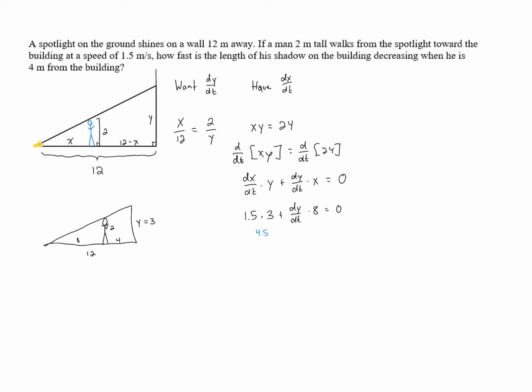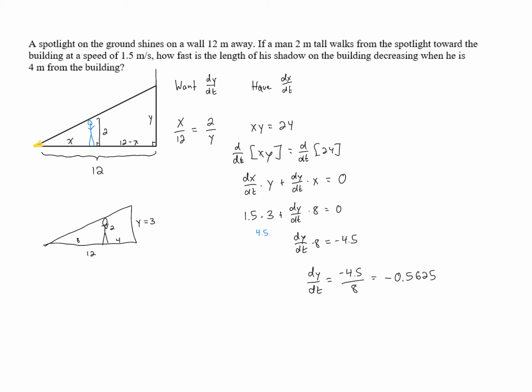And we want to get that to the other side by subtracting it. So this is going to give us dy over dt times 8 is negative 4.5. And to get dy over dt alone, we divide both sides by 8. So that's negative 4.5 over 8. And when we divide that, we get negative 0.5625.